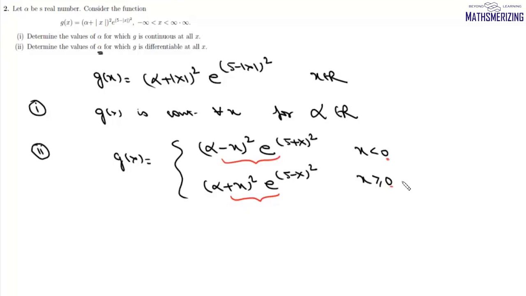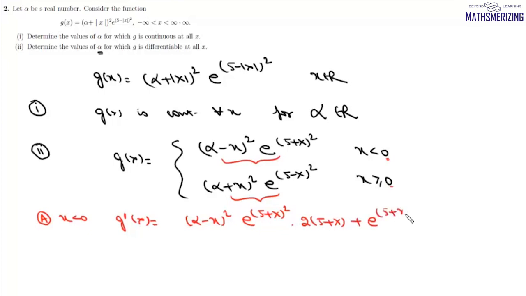Now what we'll do is we'll find g dash x when x is less than 0. So if x is less than 0, then g dash x will be (alpha - x)^2 e^(5 + x^2) into 2x, plus e^(5 + x^2) into 2(alpha - x) into minus 1.